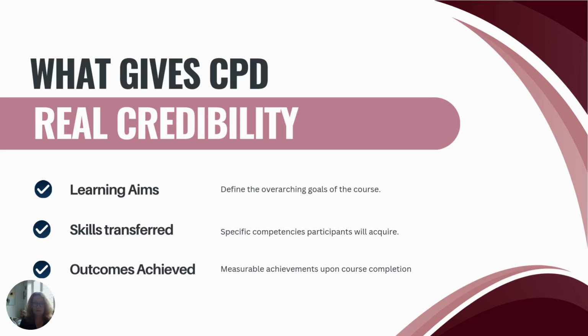What are the goals of this particular course? Where are you going to get to? The next thing is you want to list the specific skills that you have transferred, and in the downloads that we'll be sharing with you at the end of the presentation, we provide quite a few examples of how easily you can list the various skills that may be included in your beauty training.